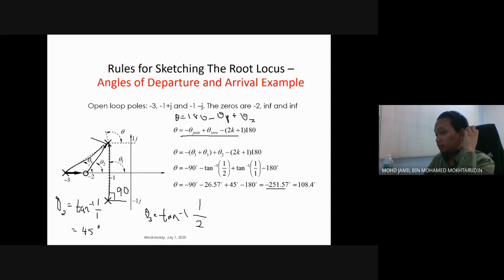A negative angle is measured from below to here. But if you use plus 180, you will get this angle, the angle theta. So it is the same. So this is the value for theta. Wow, so much calculation.